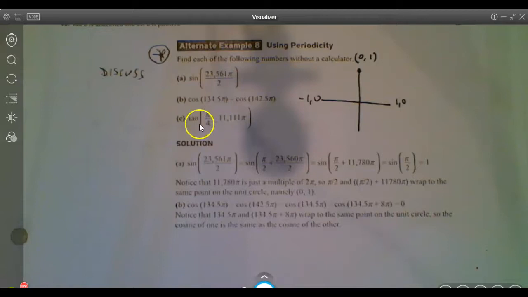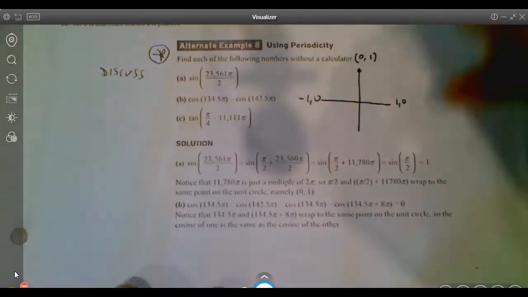So as I look at the tangent of pi over 4, that would be right here in our first quadrant. That's simply 45 degrees. So no matter how many times I go around the circle, 11,000 pi times, it's going to put me back to having the same value as the tangent of pi over 4.